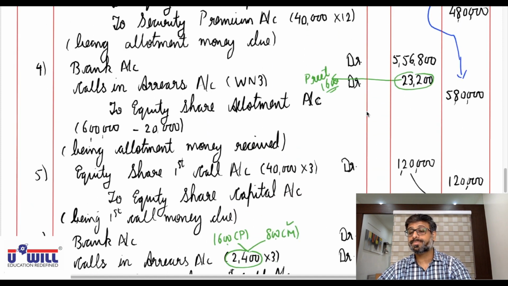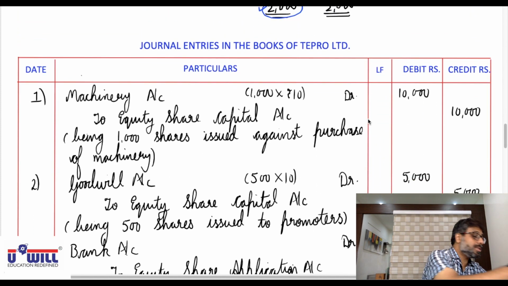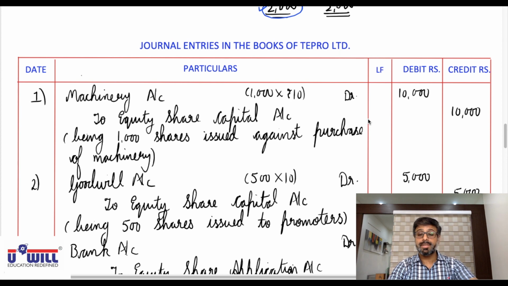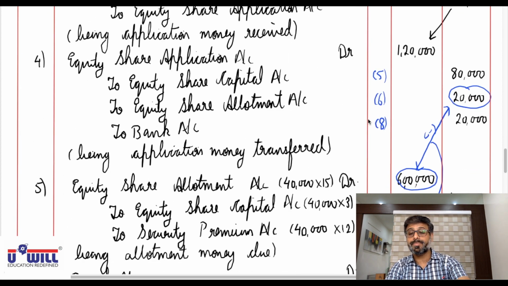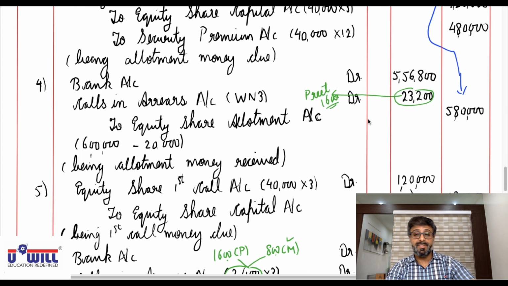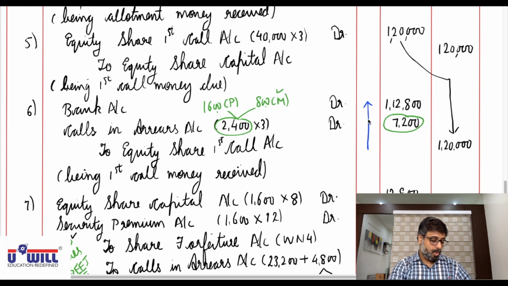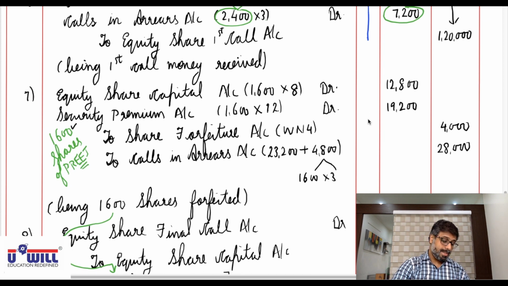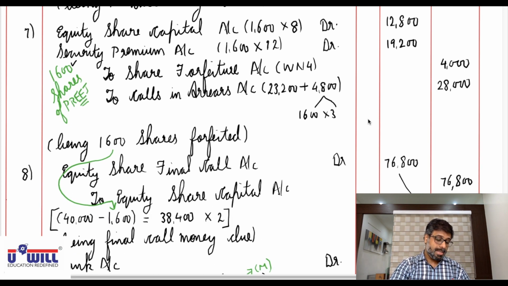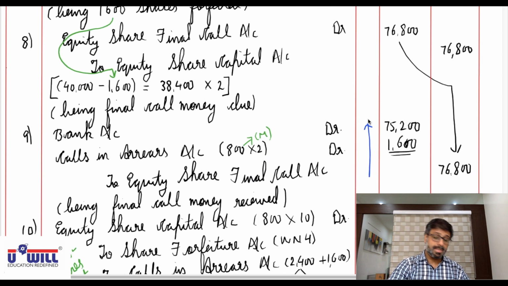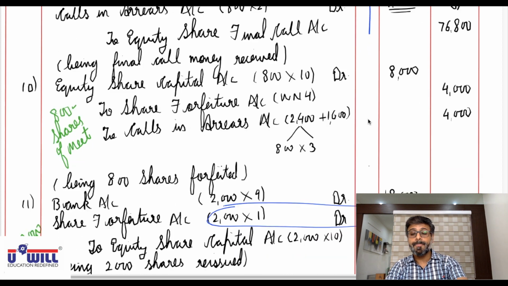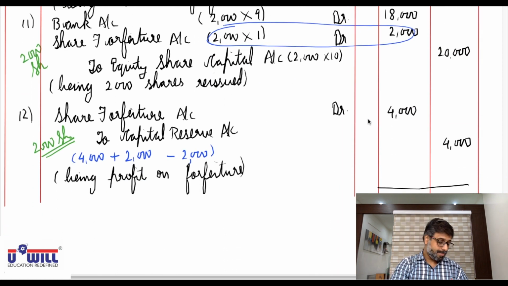So what are the totals? 10,000 plus 5,000 plus 1,20,000 plus 6 lakhs plus 5,80,000 plus 1,20,000 plus 1,20,000 plus 32,000 plus 76,800 plus 76,800 plus 8,000 plus 20,000 plus 4,000. 17,72,600.